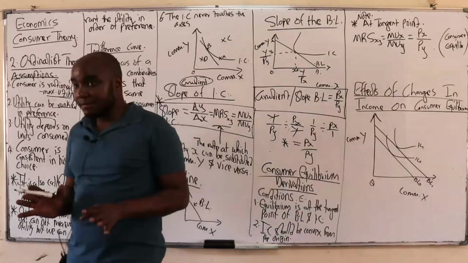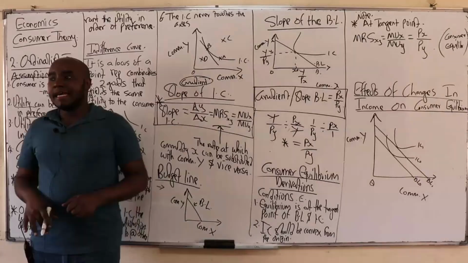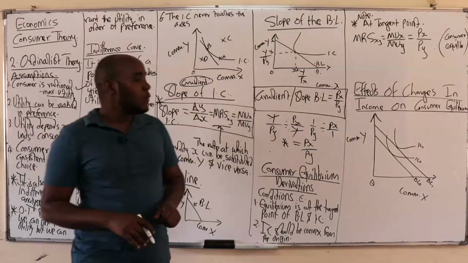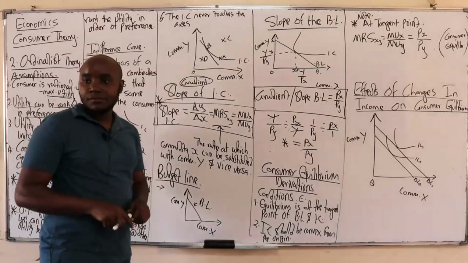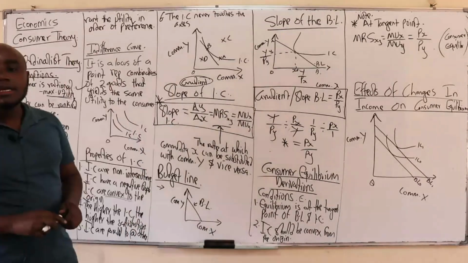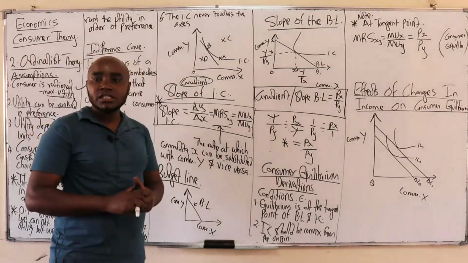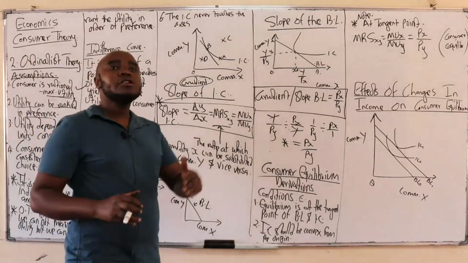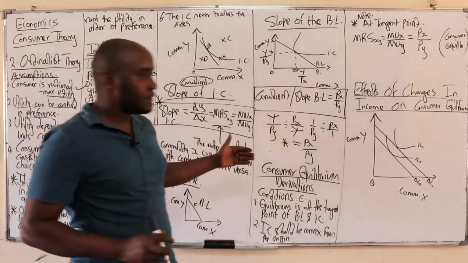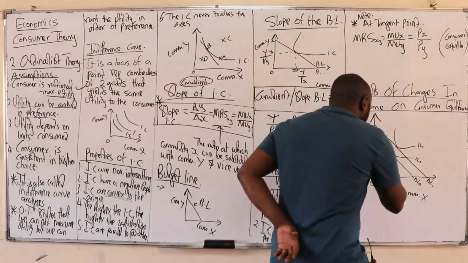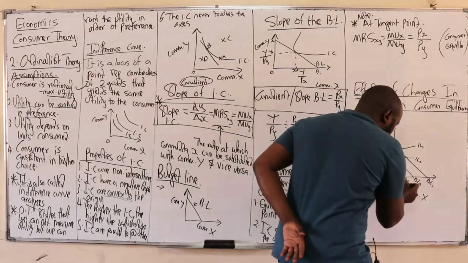Is that clear? Yes. And assuming now we have reduced our income, automatically our budget line will shrink. It will shrink, or it will shift to the left, meaning that it will move this way, to BL2.